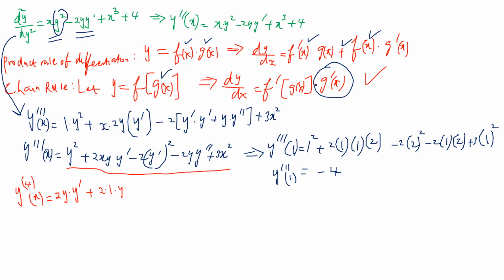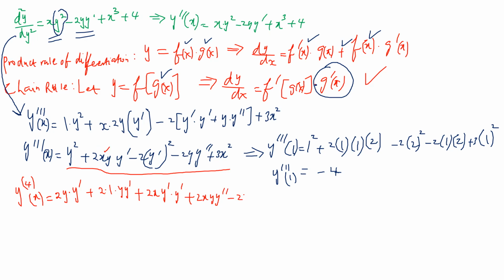The product rule says you differentiate term by term and you add. So first the derivative of x, keeping y constant. Then the derivative of y is just y prime, keeping x constant. Plus 2x, and then the derivative of y prime is y double prime. Minus 2.